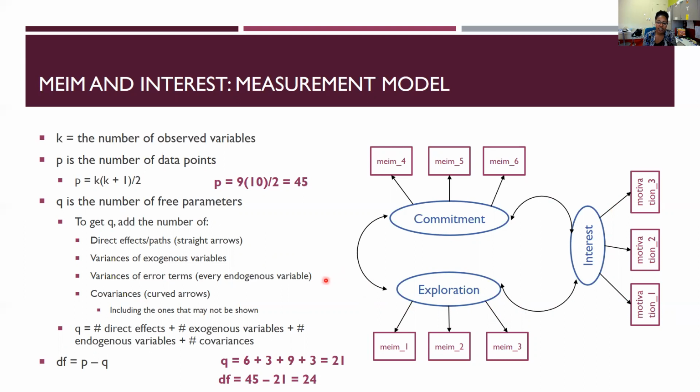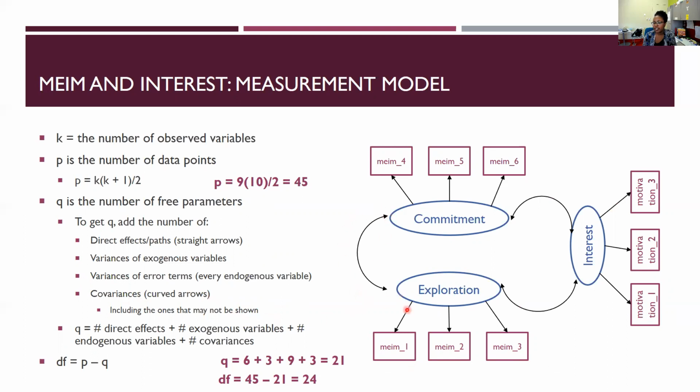Next, we're going to count the variances of our exogenous variables. Each of our latent variables is exogenous, so that's 1, 2, and 3. We're going to count the variances of our error terms, so that's every endogenous variable. Each of our indicators is an endogenous variable, so that's 9. And then we count our covariances.